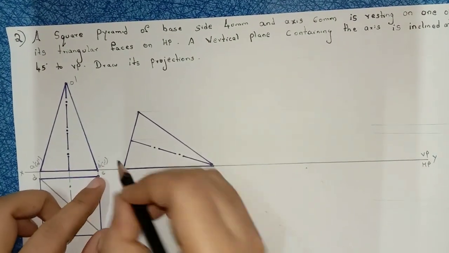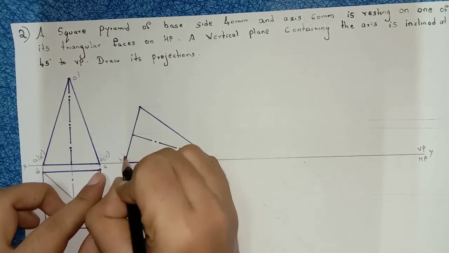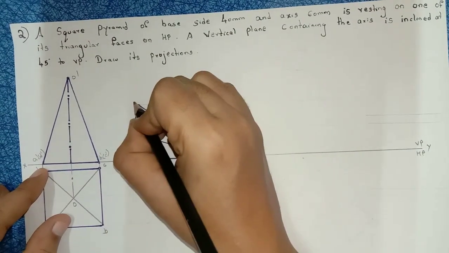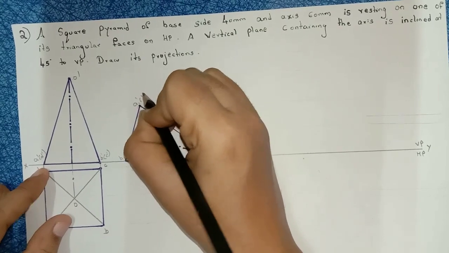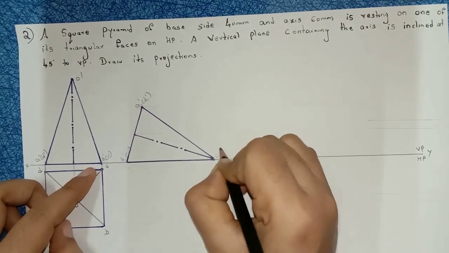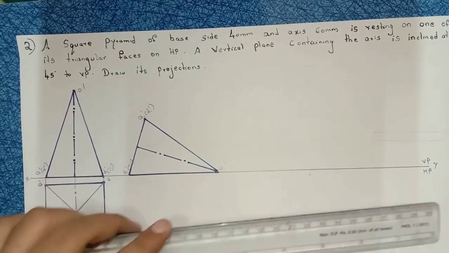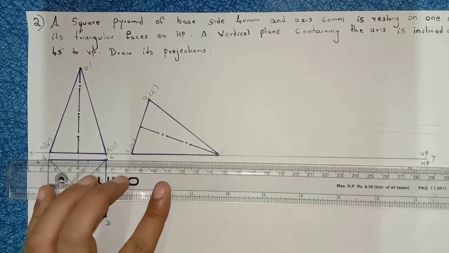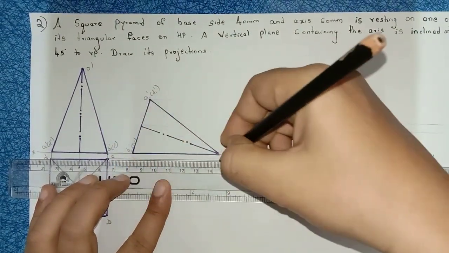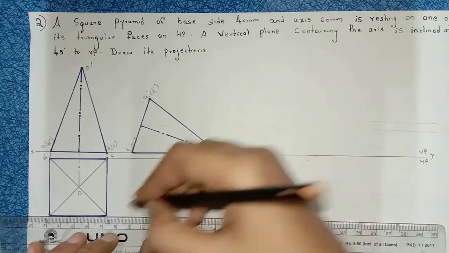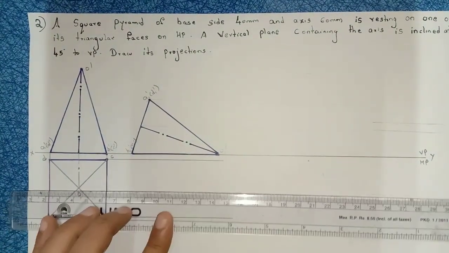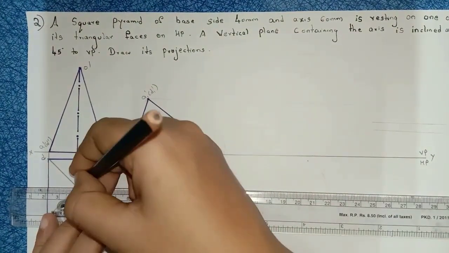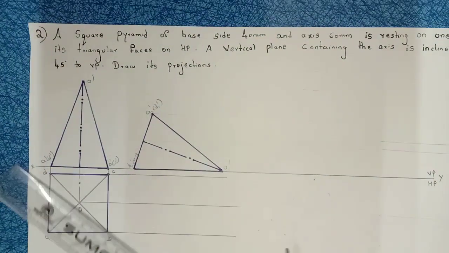Right, now I will name it as here B1 dash of C1 dash, this is A1 dash of D1 dash, and this point is here O1 dash. Right, after that from every corner of the square I am drawing the projectional lines. After that from the midpoint also I should draw the projectional line.